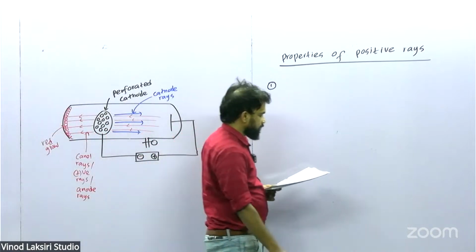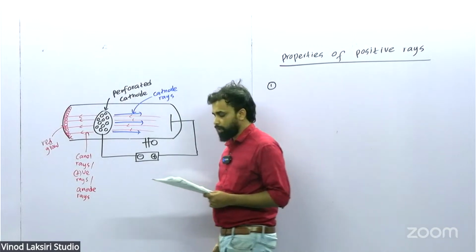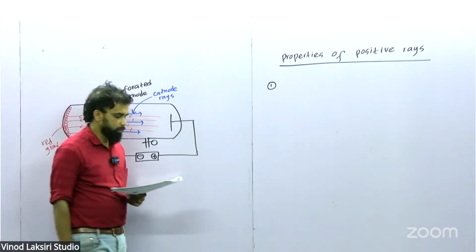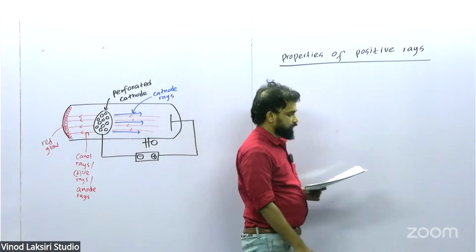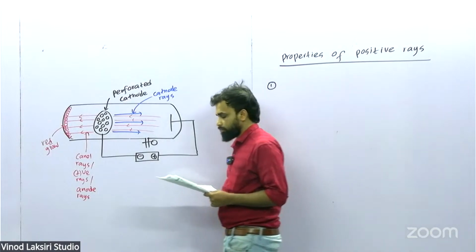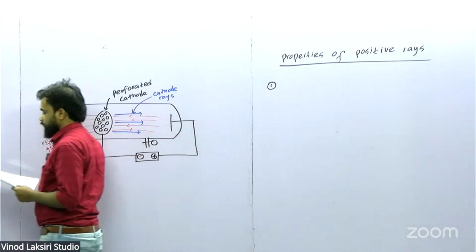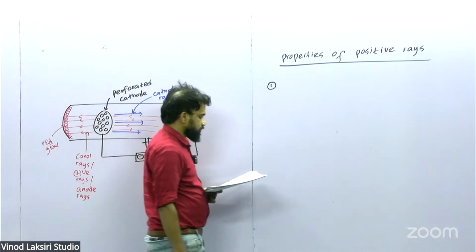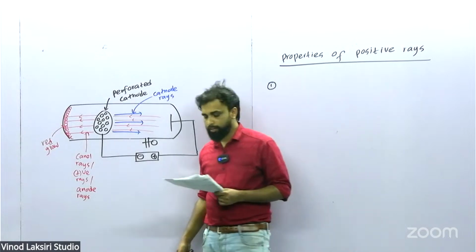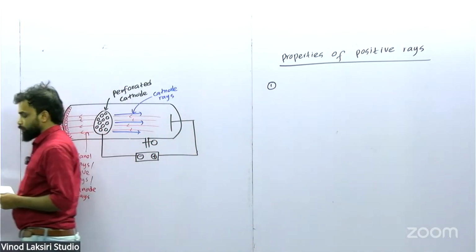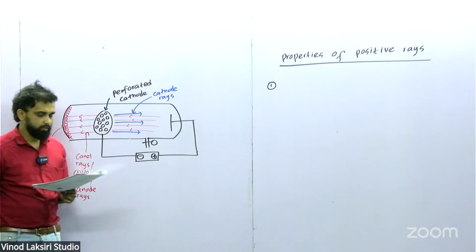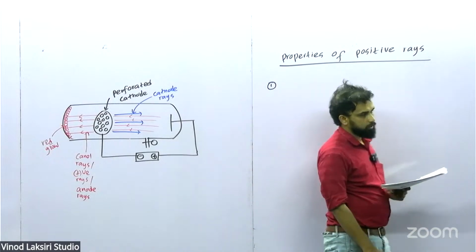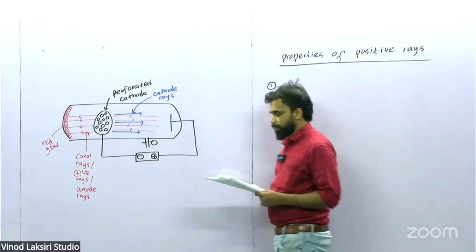Then fourth one: when a magnetic field is applied, they are deflected in the perpendicular direction to the magnetic field.